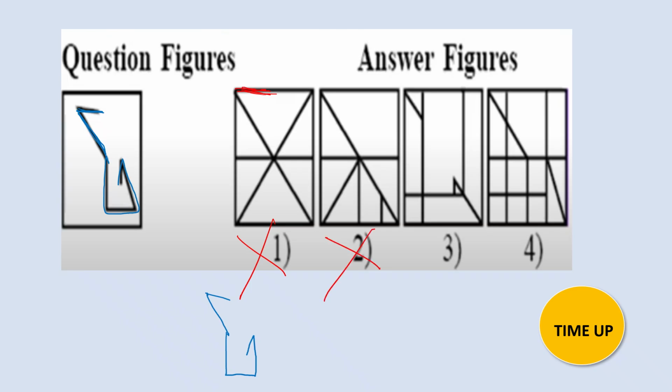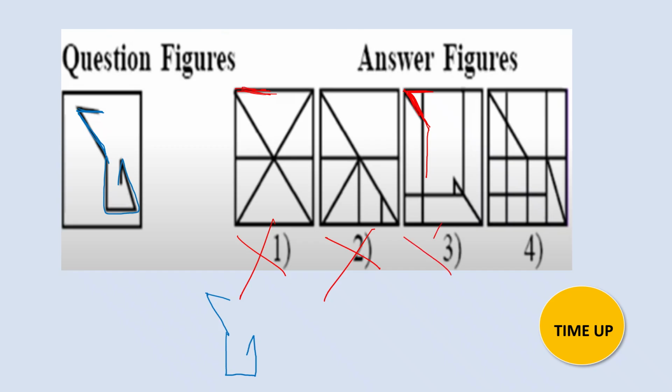So second one is also wrong. Third one, if you observe, till here it is fine, but it should have been a little more slanted, and then it would have come like this, correct? So it is not an exact replica in the third one.